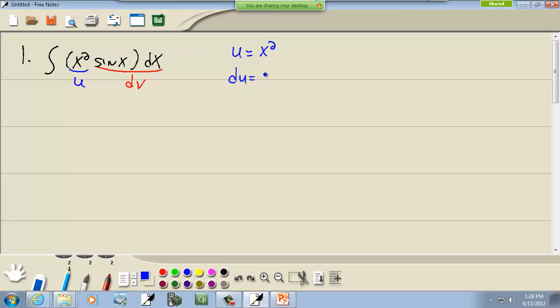So du would be 2x dx. Now dv is going to equal sine x dx. And to find v, we take the integral of that.